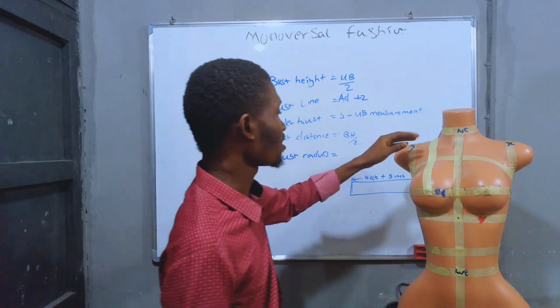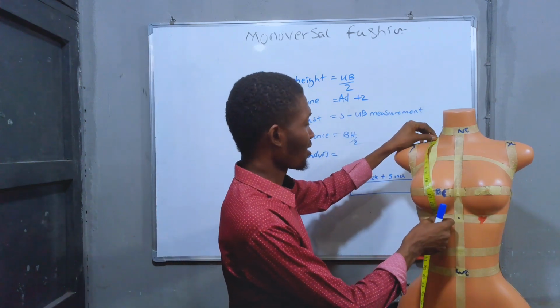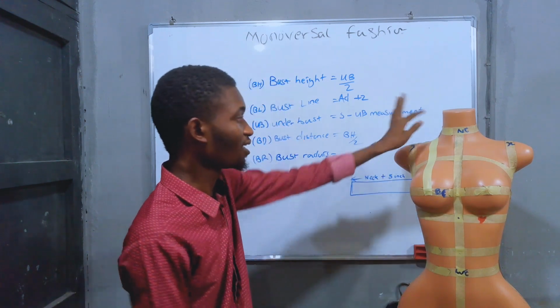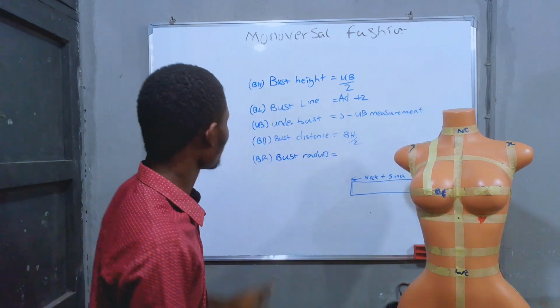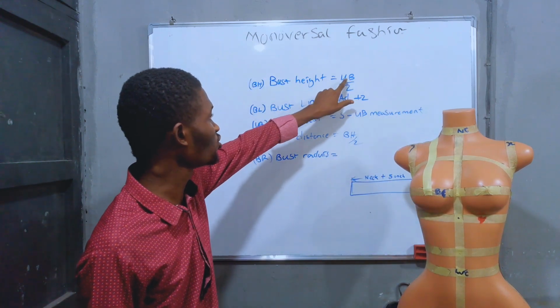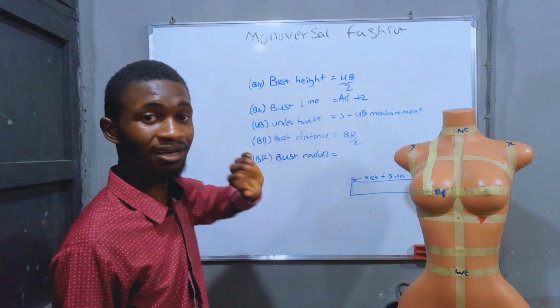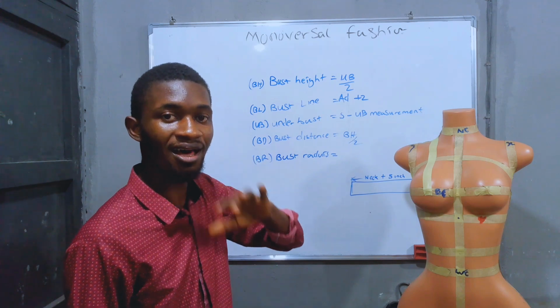So what we have here is 14. 14 is our under bust length. So the under bust length is here. UB is for under bust. What we are calculating for is the bust height.